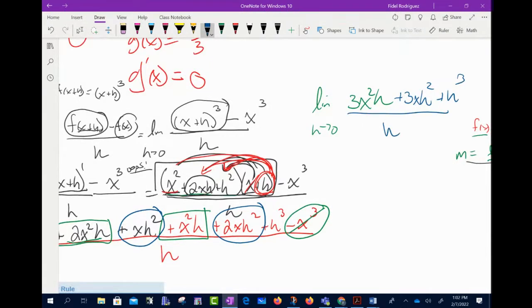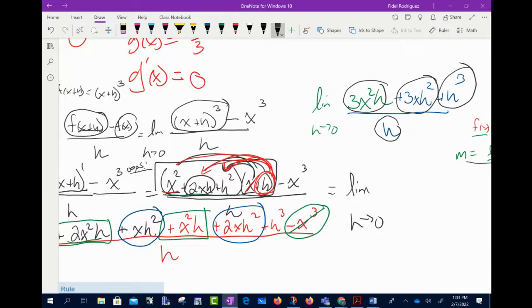Okay, all of this is being divided by h. Okay, we're almost done. Okay, now remember what we said, y'all? If we're dividing by h, aren't we dividing every single one of these by h? Right? So if we're dividing the whole thing by h, we can divide every individual portion by h.